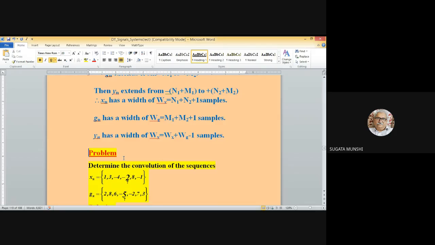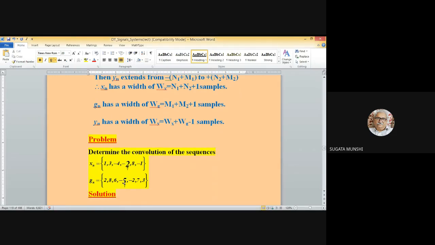Consider this problem. You have been asked to find out the convolution of two sequences, x[n] represented in this form. Obviously, the vertical arrowhead represents the sample x[0]. Similarly, here the vertical arrowhead represents the sample g[0].